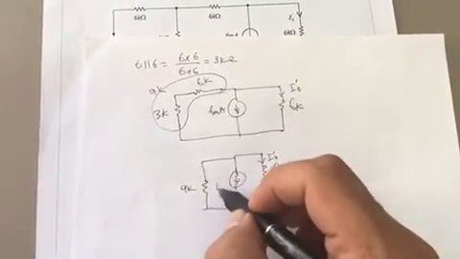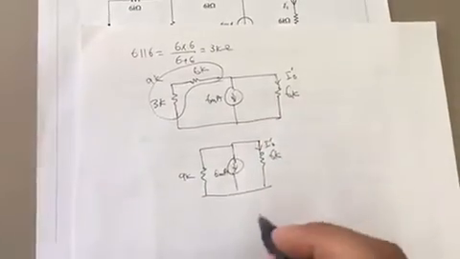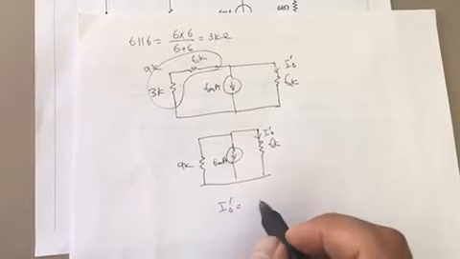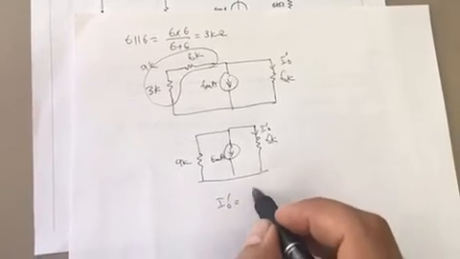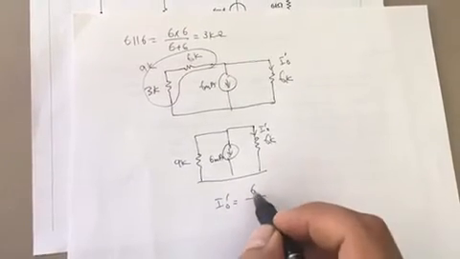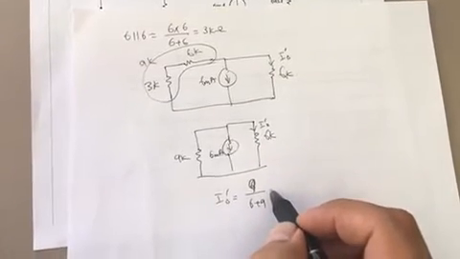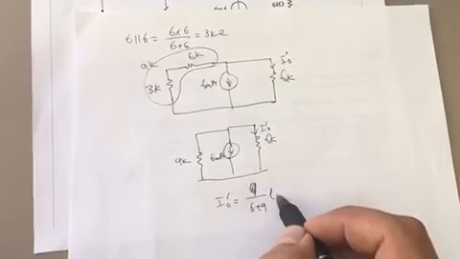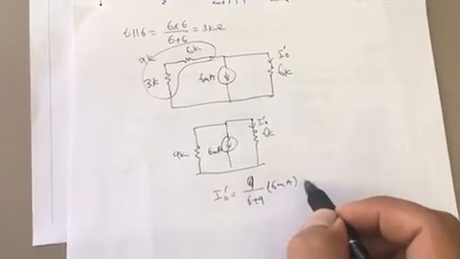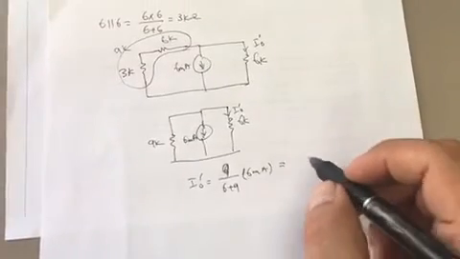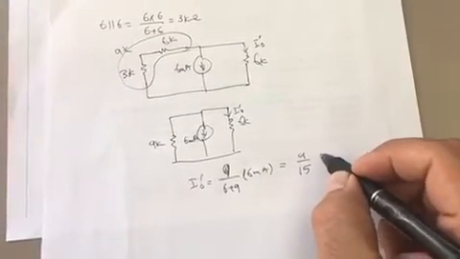This current source is 6 milliampere. So the I0 prime is equal to 9 over 6 plus 9 times this 6 milliampere. 6 plus 9 is 15, so 9 over 15 times 6.